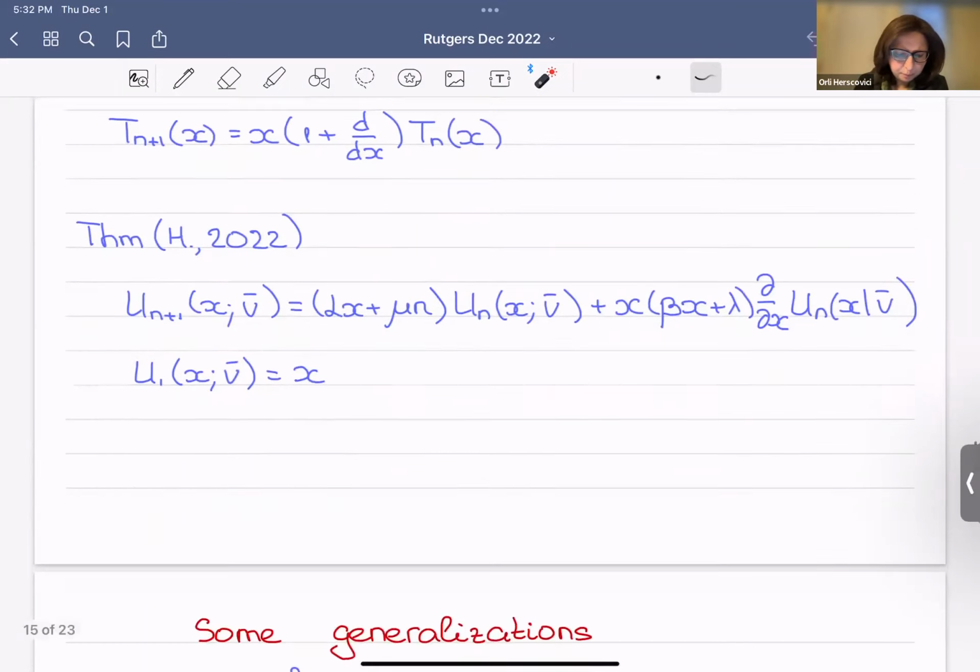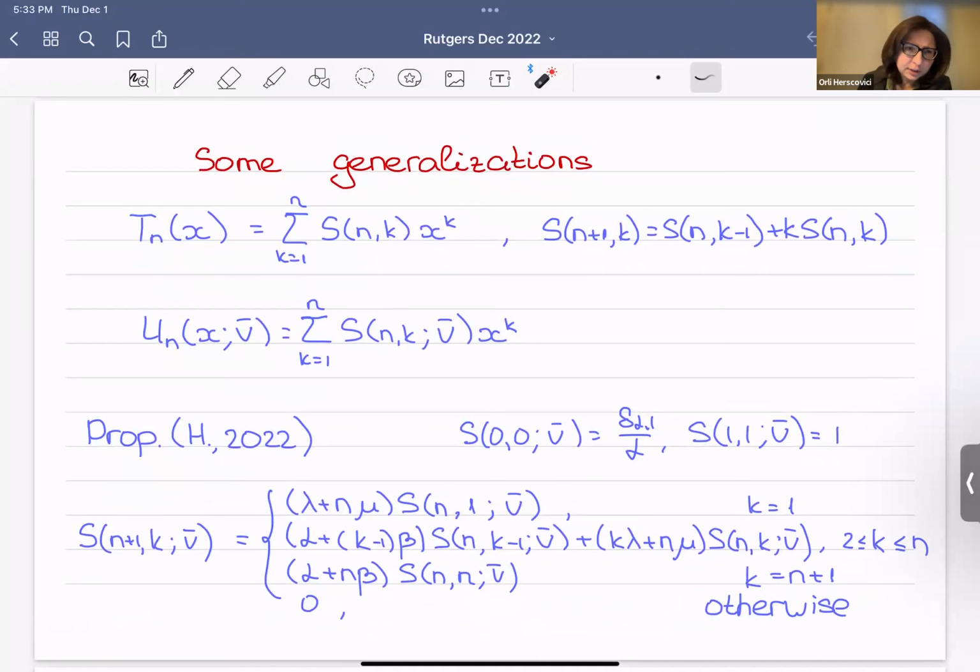Now the coefficients of such generalizations. Again, two-sharp polynomials have Stirling numbers of the second kind. We define our coefficients as S_{n,k} with parameters in v bar, and we proved that these coefficients satisfy the following recurrence relation.